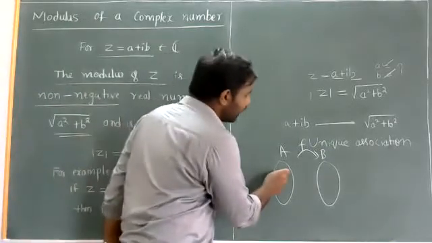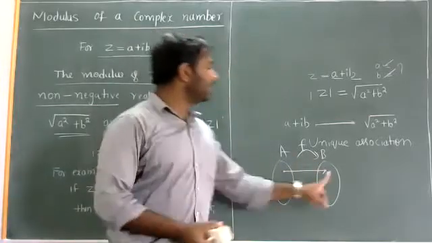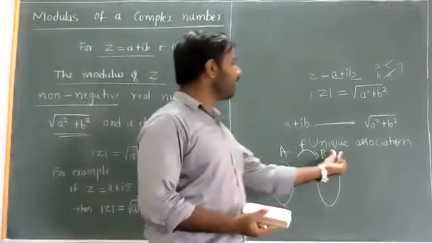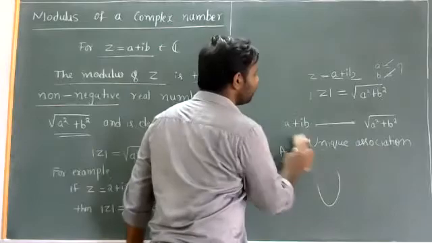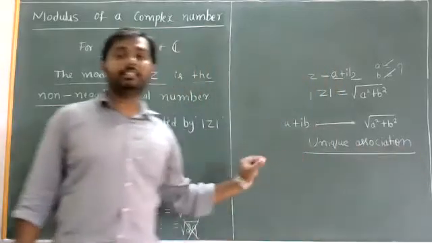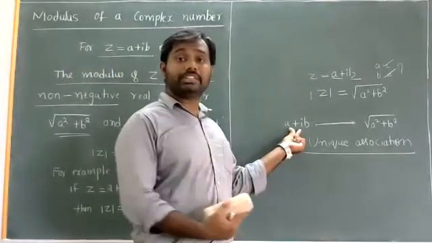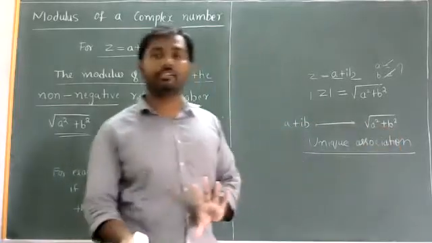You have to associate every element of A to a unique element of B. So what we are doing? We are doing unique association. And wherever you come across this unique association, there enters the concept of function, right? So here we are associating every complex number to a unique real number, so we have a function.